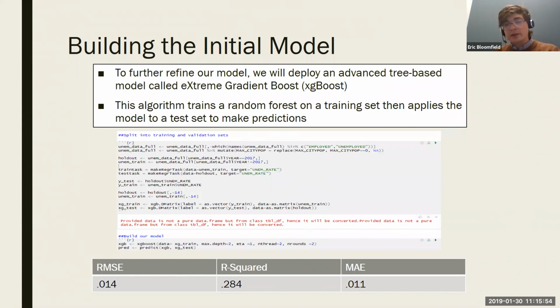Our R squared actually fell to 0.28, and our mean absolute error is 1.1, so it's still not doing incredibly well, but much better than just using the simple model, which shows the benefits of using machine learning over just making simple models in R.